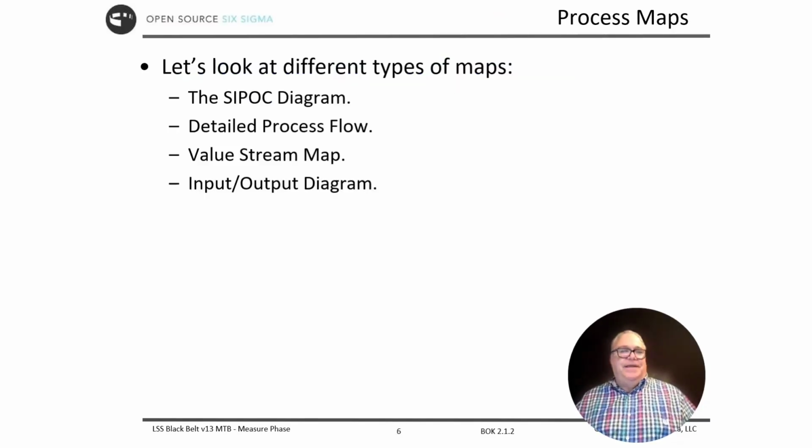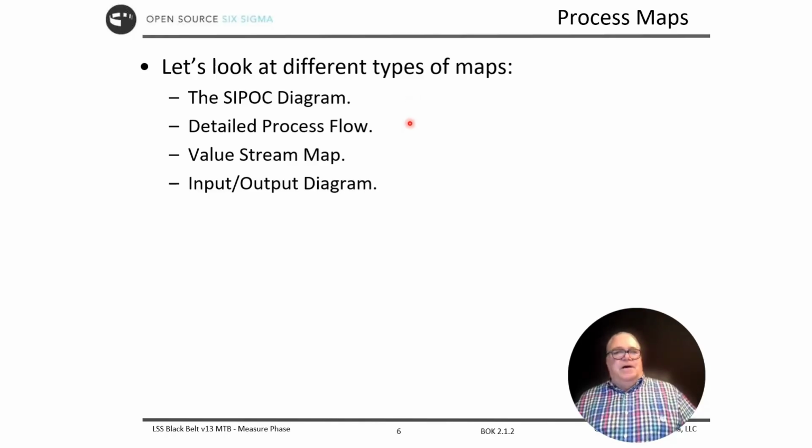So to really get a good, complete look at our process, we're going to show you at least 4 techniques here for looking at a process flow. We're going to look at the SIPOC diagram, which is more the define phase level where we've got sort of 5 to 9 steps, but it helps us with inputs, outputs, customers.